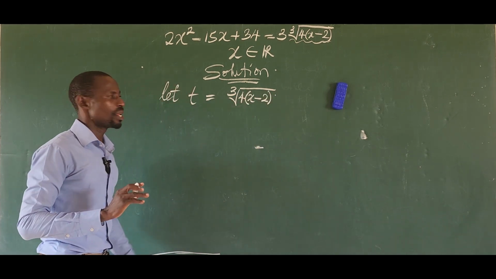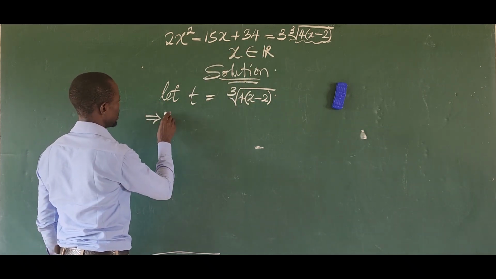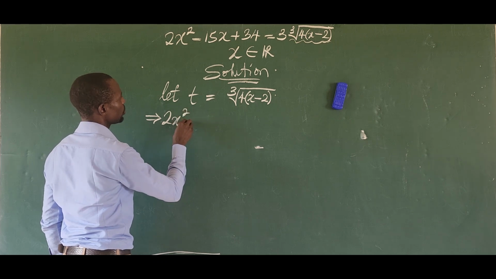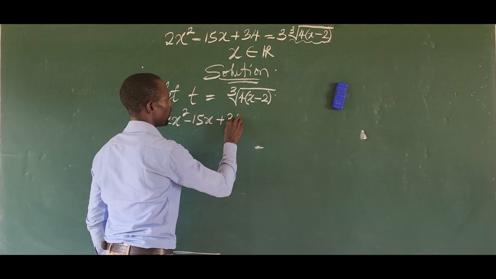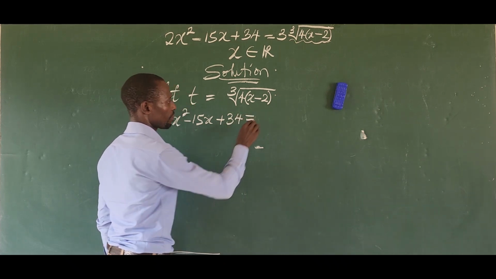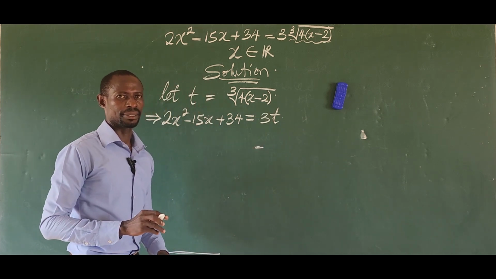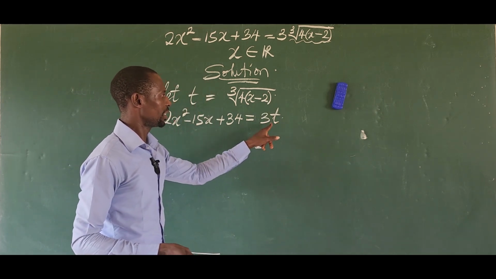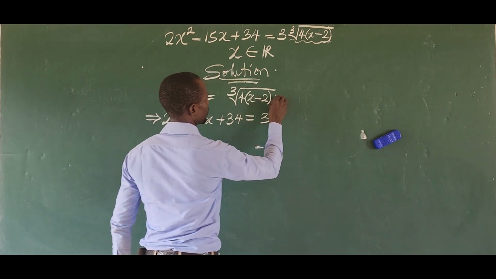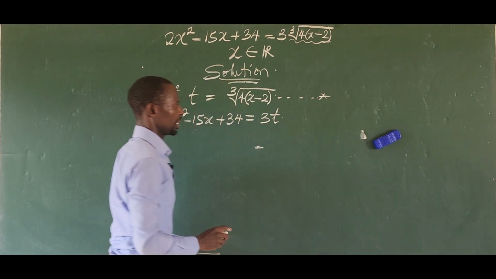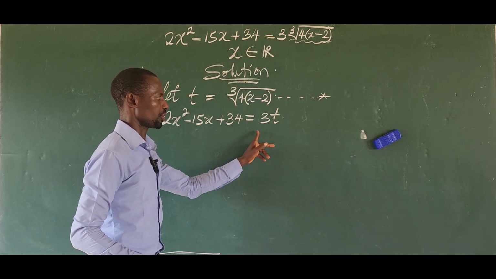From here, we can now rewrite the original equation as 2x² minus 15x plus 34 equals 3t. Good. So we now have two variables in here. Before then, let's call this equation star. This is the original equation rewritten after the substitution.